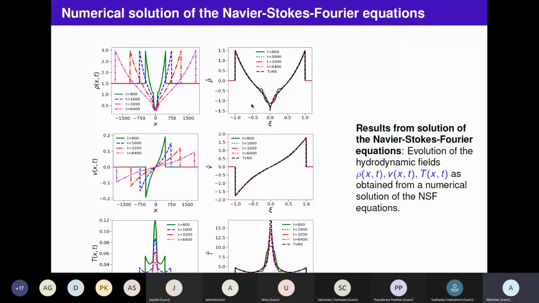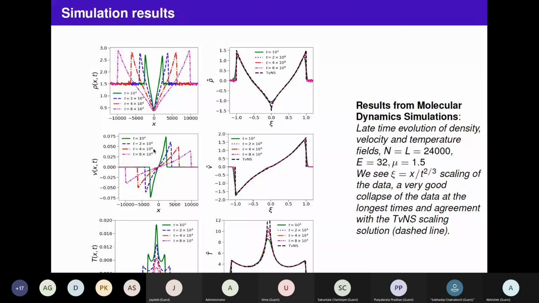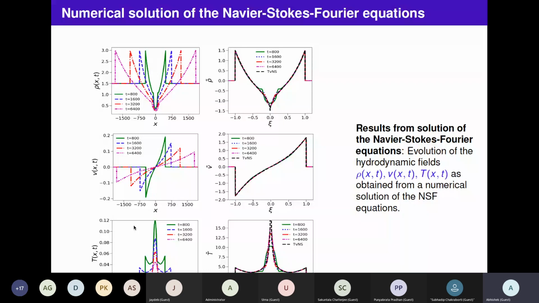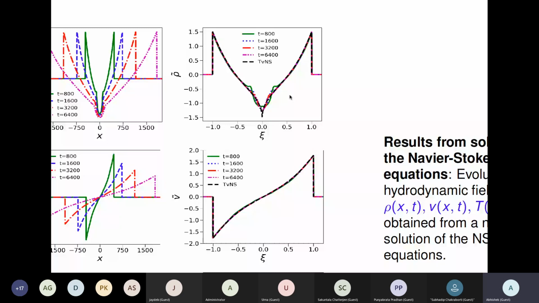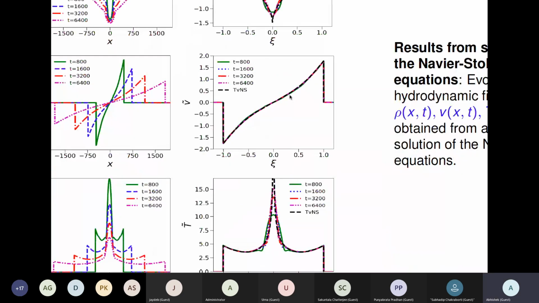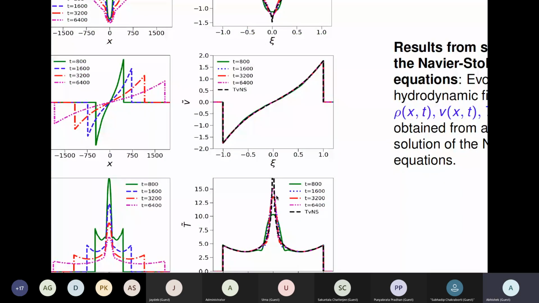So this is what we get from the full solution, and you can again see that the fields rho, v, and T look very similar to what we got from the microscopic simulations. But let us compare with the solution of the Euler equations. If you look at the temperature, the colored lines are what you get from Navier-Stokes, and the dashed line is from Euler.